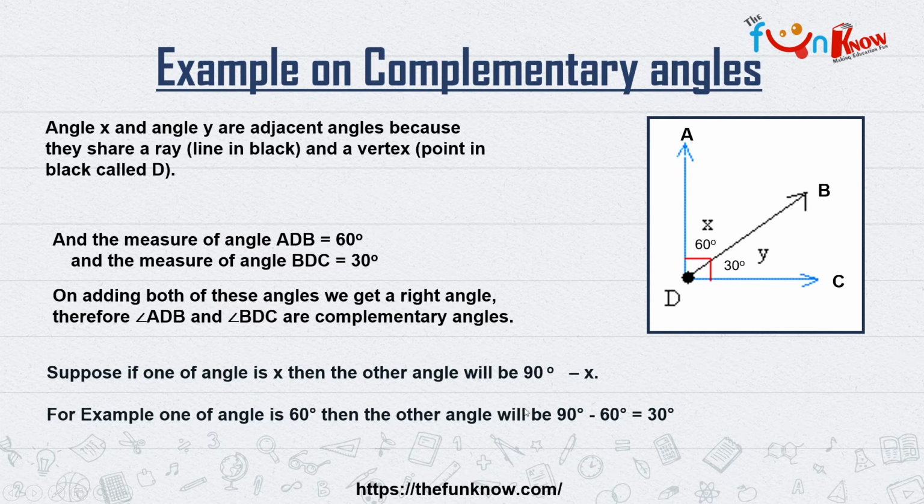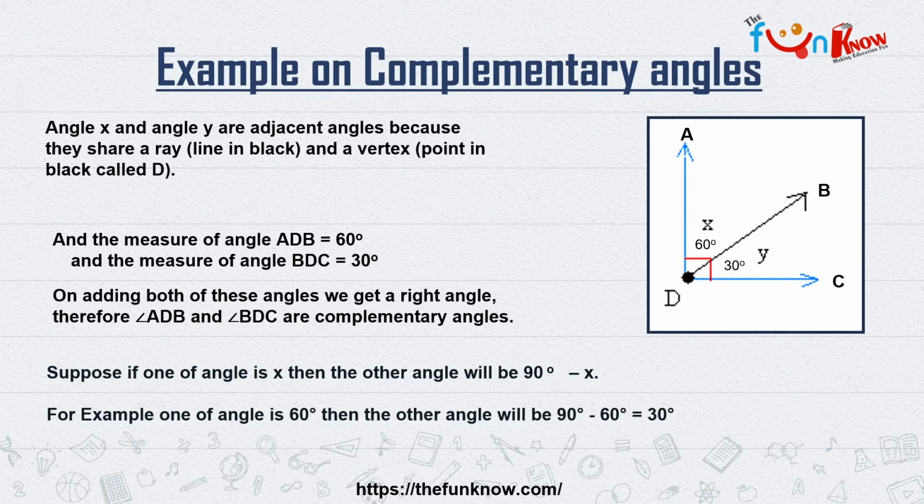Remember, students, if you have the value of one angle, that is angle X, you don't know the value of another angle, but you know the total, that both angles are adding up and they are going to be complementary angles, that means they are going to form 90 degrees.